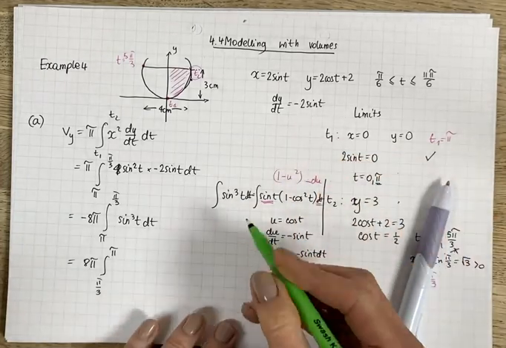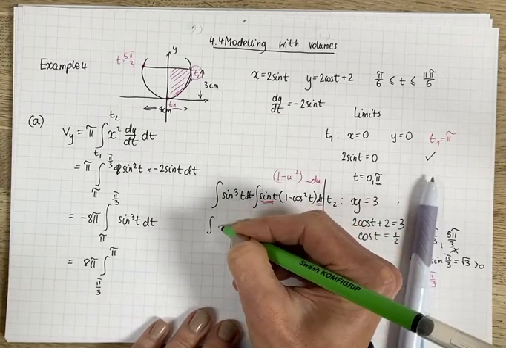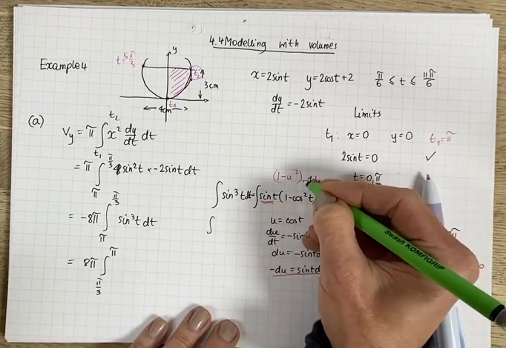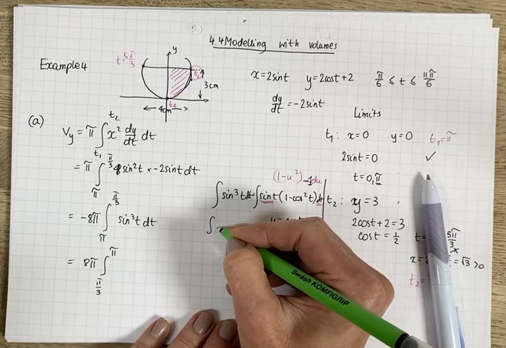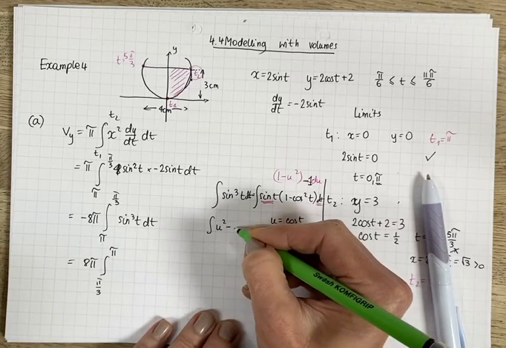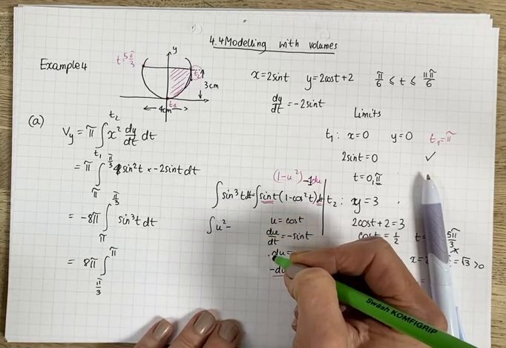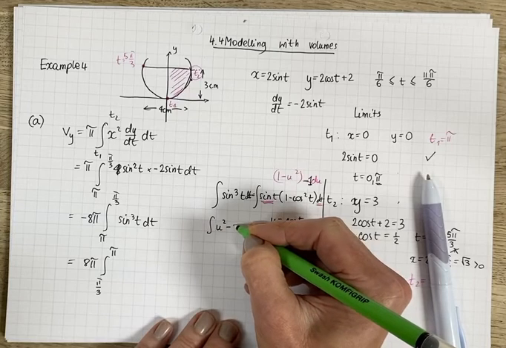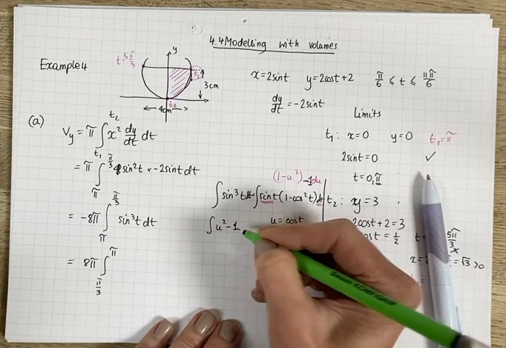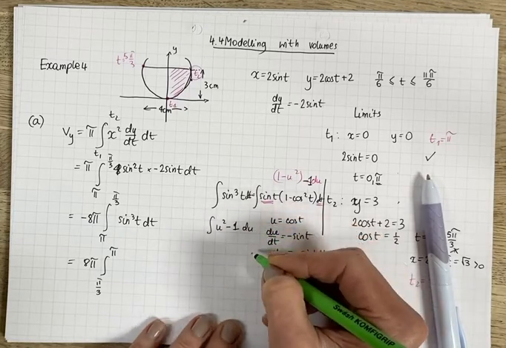So altogether, that's minus 1, so it's going to give me u squared minus 1 du.